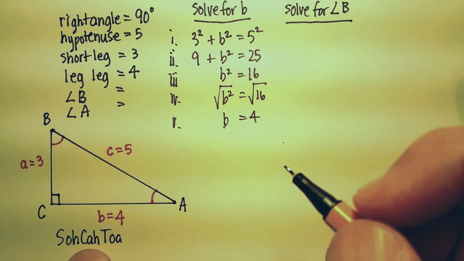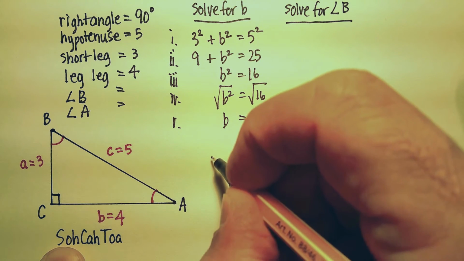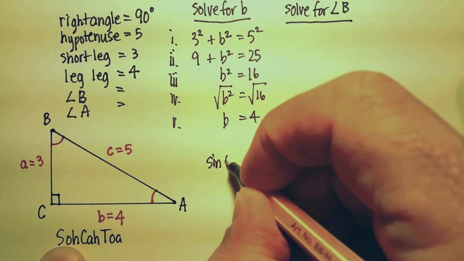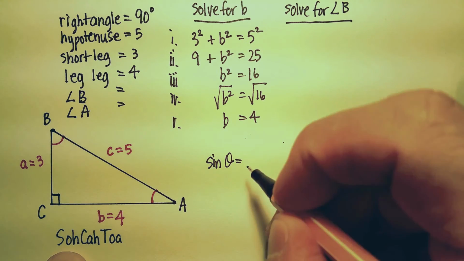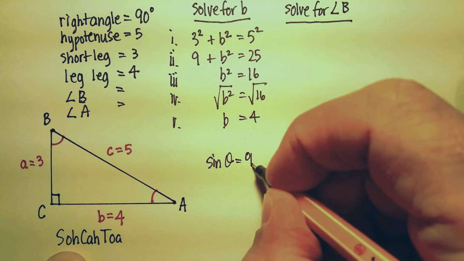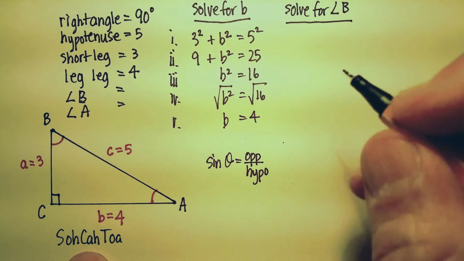And that basically tells me what the ratios are, right? I know that the sine of any angle is equal to the opposite over the hypotenuse.